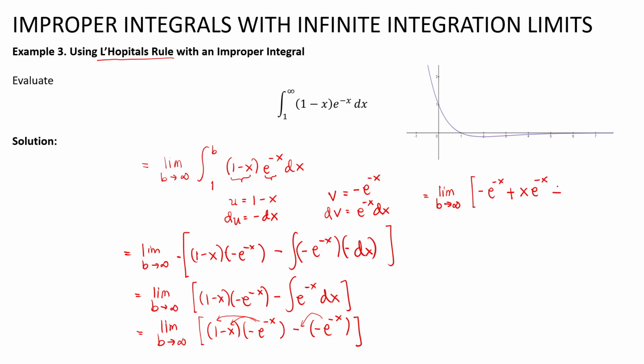Then this one is positive e raised to negative x. So this is eliminated, and what is left in the integral is now the limit of b approaches infinity of x e raised to the power of negative x. Then you apply the limits of integration, which is from 1 to b.